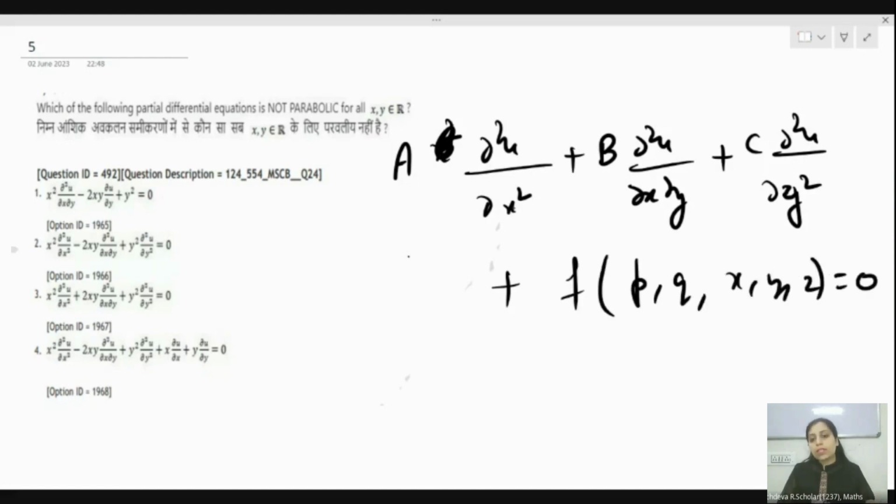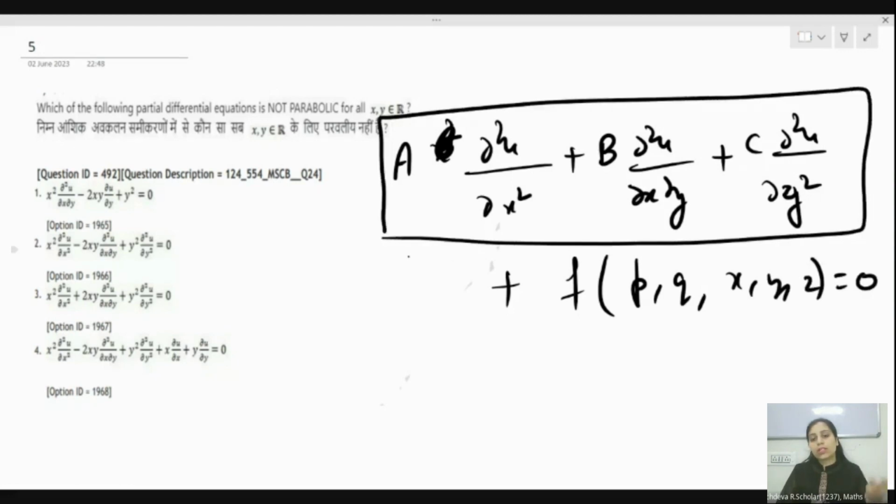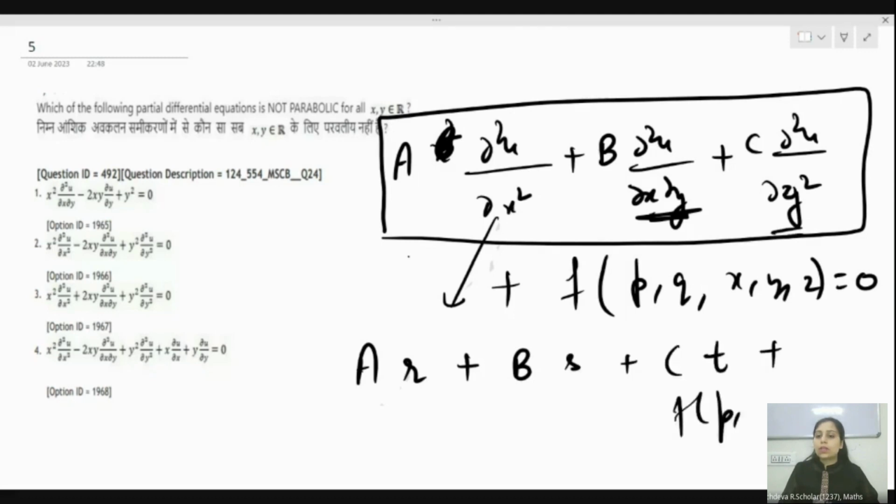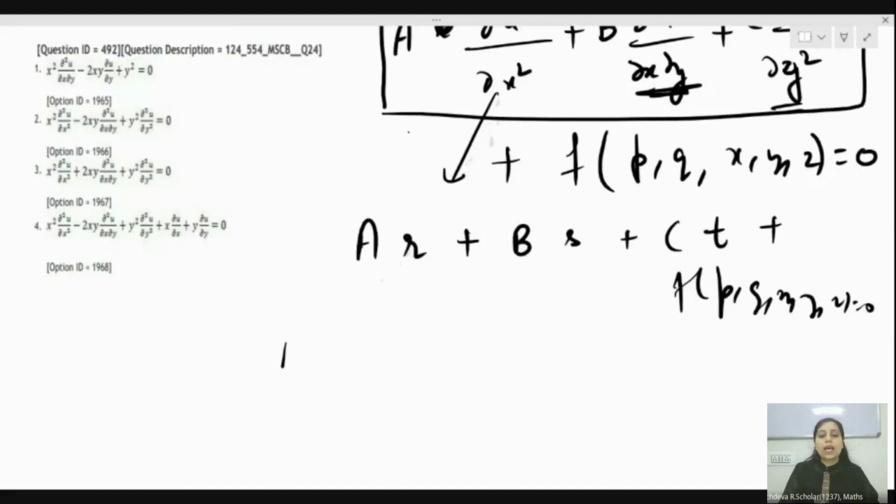We only want this portion where the second derivatives are. We can write it in short form as AR plus BS plus CT, or in many books, you can see the standard notation as R, S, T plus this.